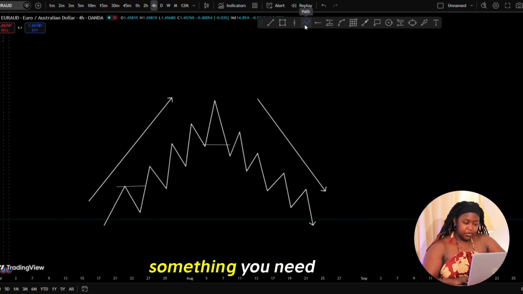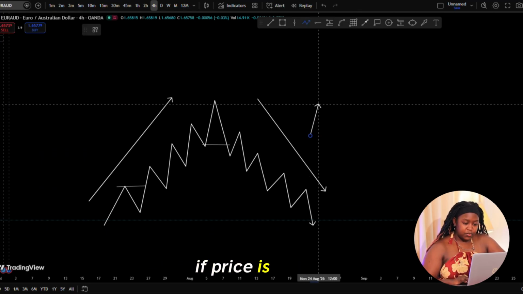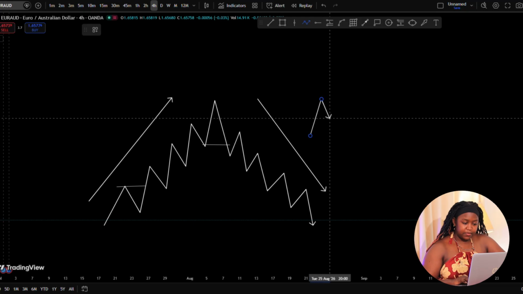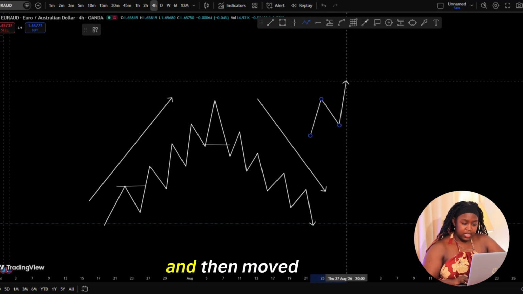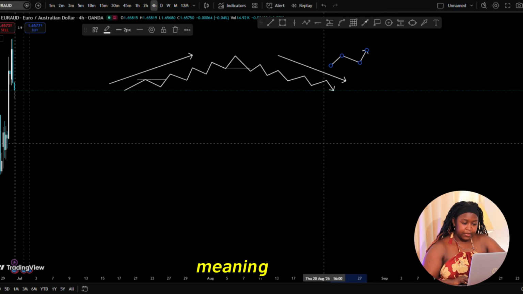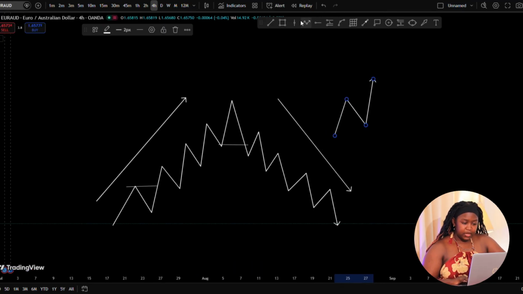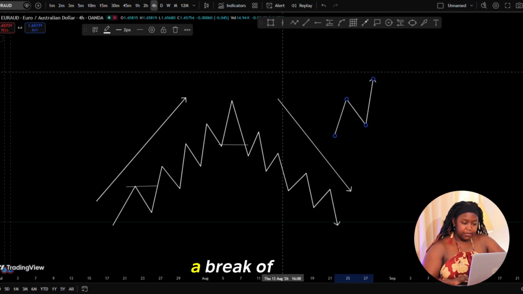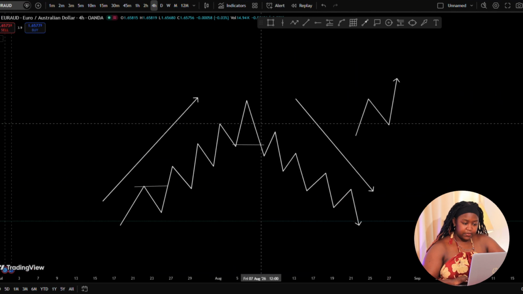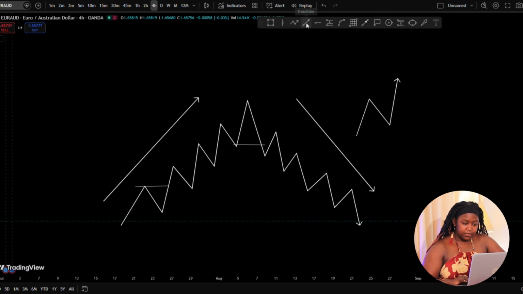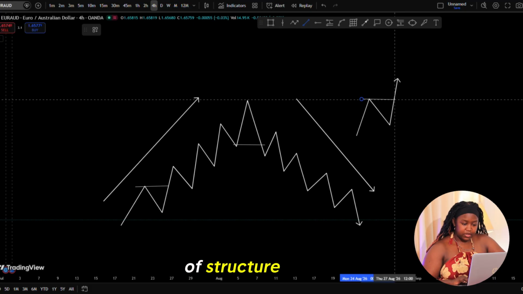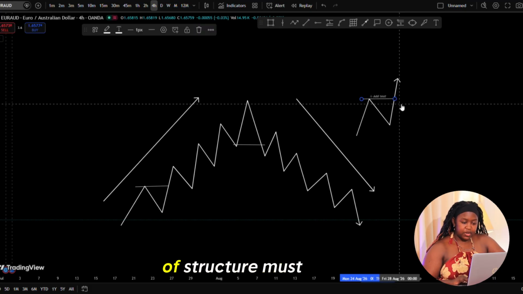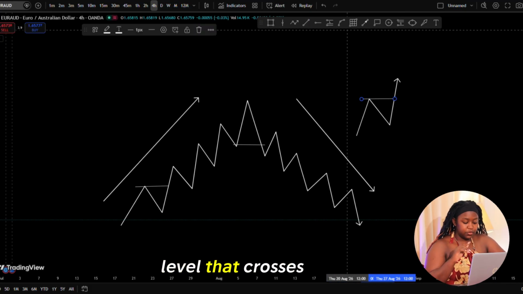And then there's something you need to know, guys. If price is moving to the upside like this and then retraced like this and then moved again, it created a break of structure right here. A break of structure must have a key level that caused it.